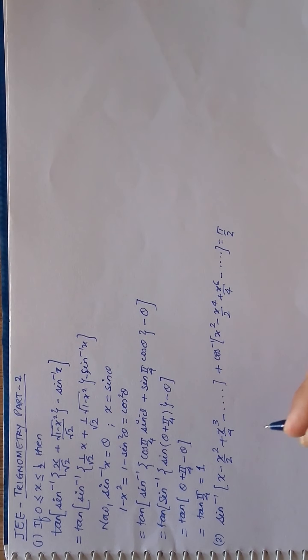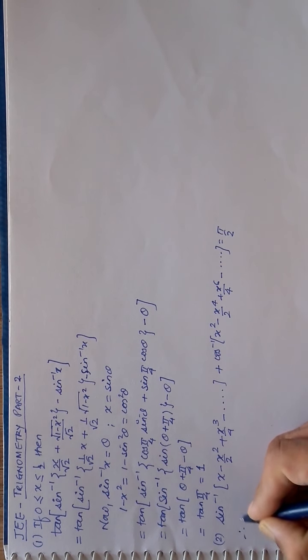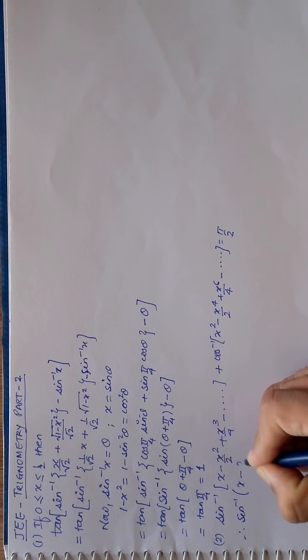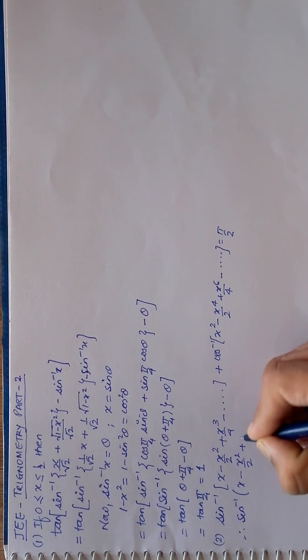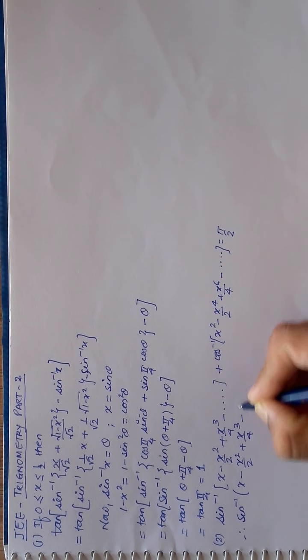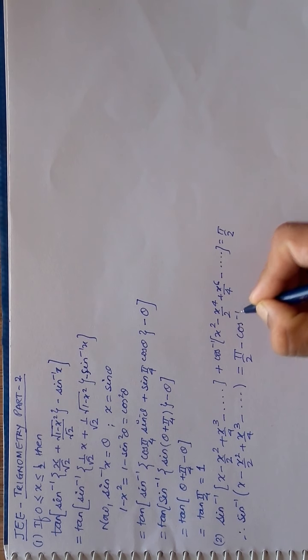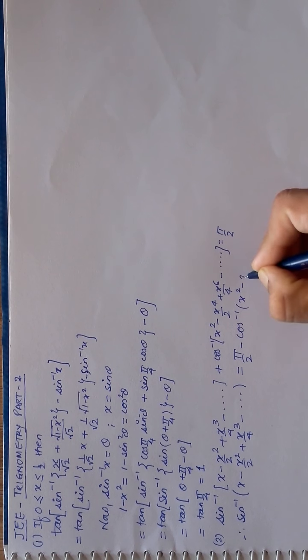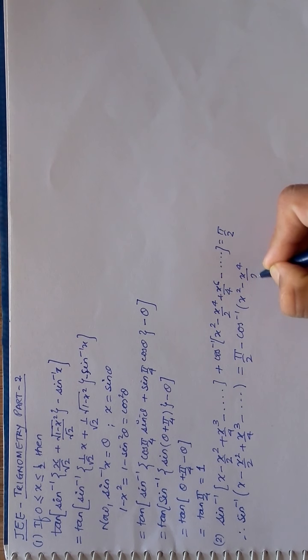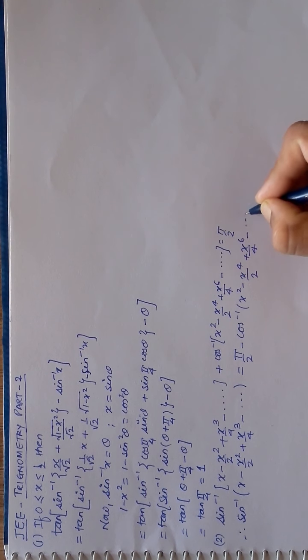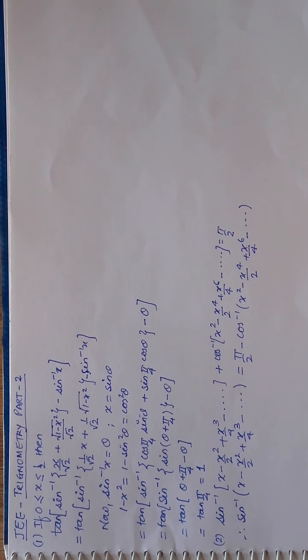I will think what happens if I take: sine inverse of (x minus x square by 2 plus x cube by 4 minus dot dot dot) is equal to pi by 2 minus cos inverse of (x square minus x raised to 4 by 2 plus x raised to 6 by 4 minus and dot dot dot). Okay, still I don't get anything.